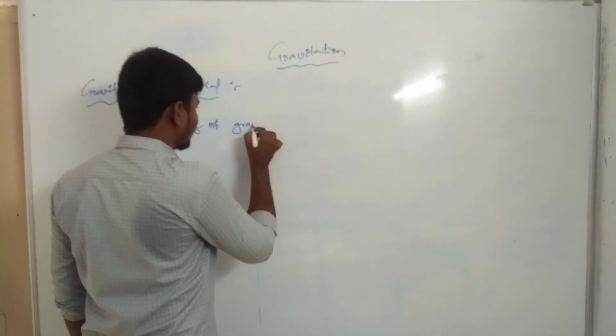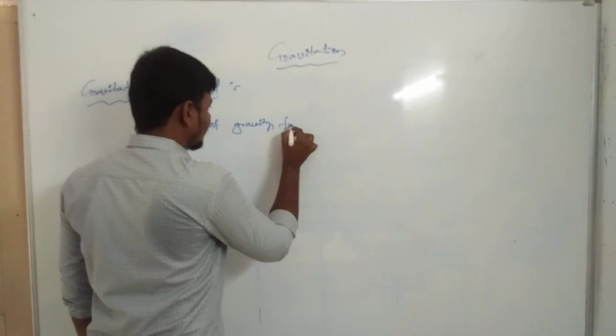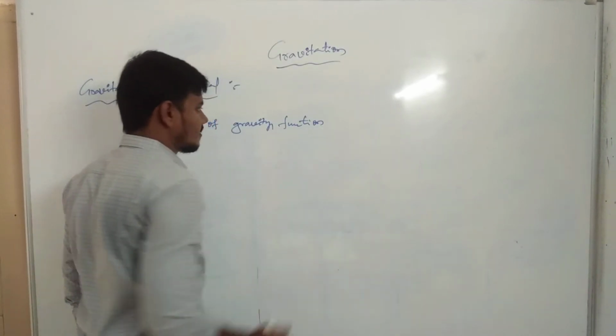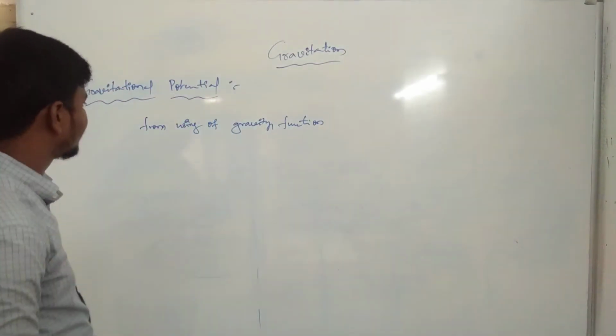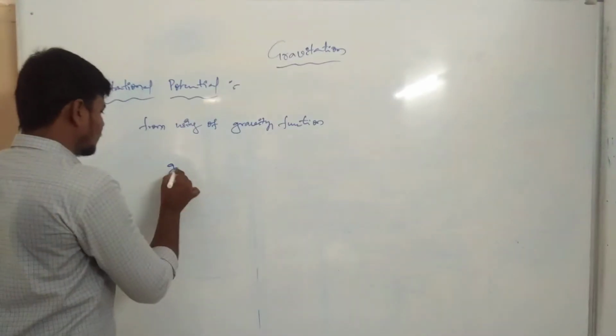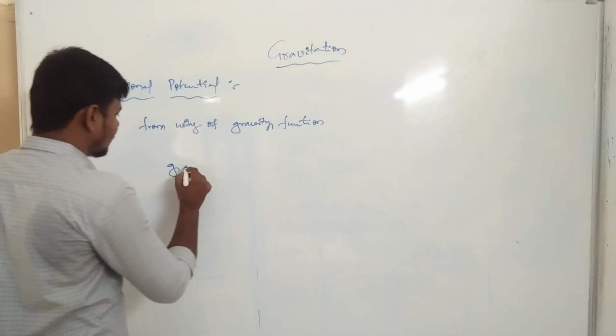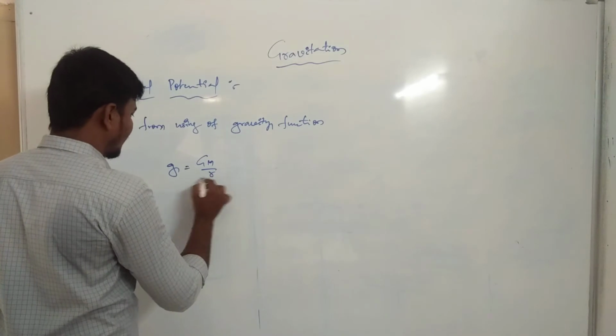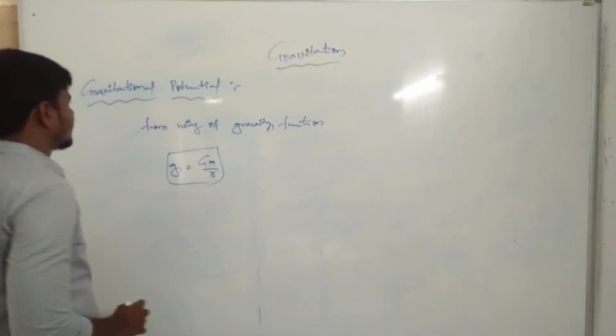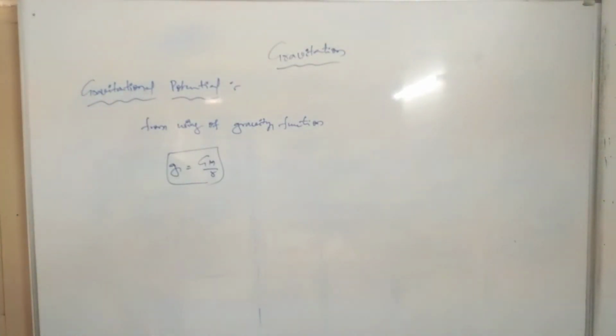Which function can we take? Using the gravity function. Now we go to the equation: small g is equal to G m by R. This is the gravitational potential.